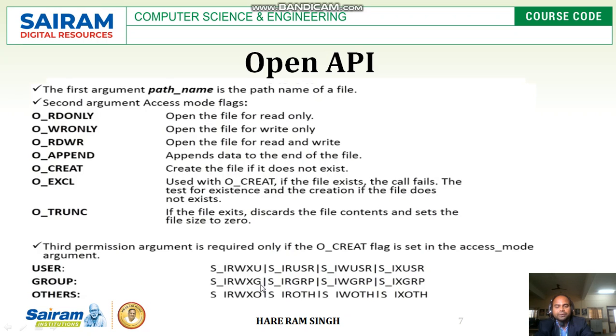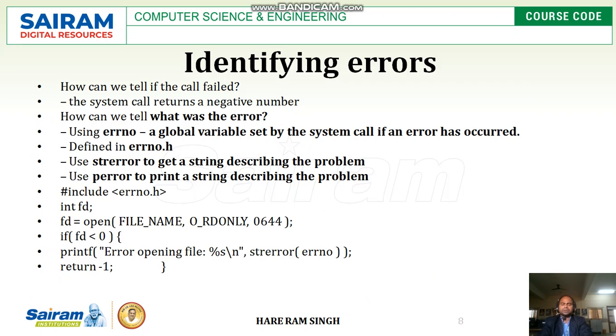For group, you can write S_IRWXG: read, write, execute for group; read for group, write for group, and execute for group. For others, if you want to set the file permissions for others, you can write S_IRWXO: read, write, and execute for others; read for others, write for others, and execute for others.